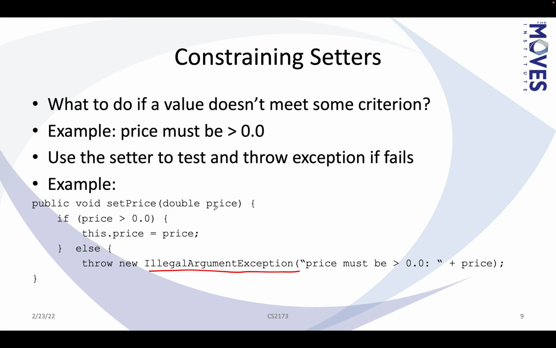Shadowing is something to consider as well, and this is in constructors and setters. Normally it's not the best practice, but it happens that you have a local variable, or in this case an argument, which is syntactically identical to a local variable, and it has the same name as an instance variable. The way to distinguish them is that the instance variable is actually referred to as the object dot the variable.